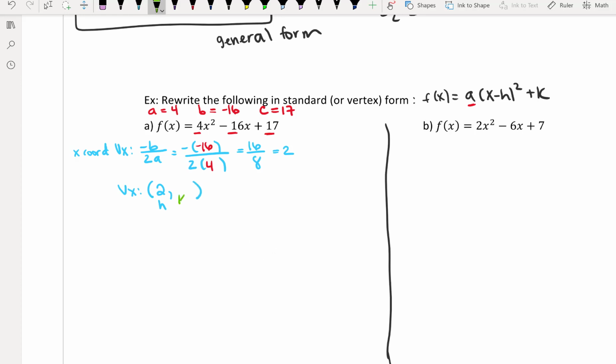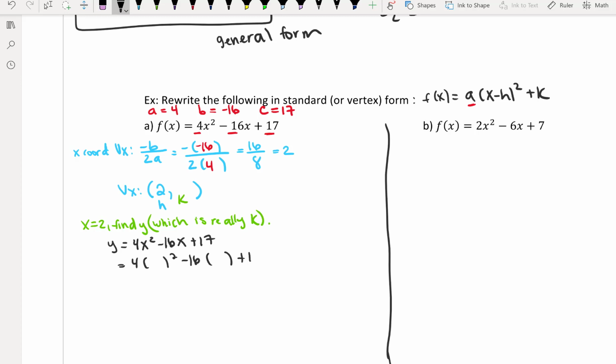Remember, to find my k value, I plug that h value into my original equation. So here, x is equal to 2. Find y, which is really k. So in my original equation, I have that y is equal to 4x squared minus 16x plus 17.